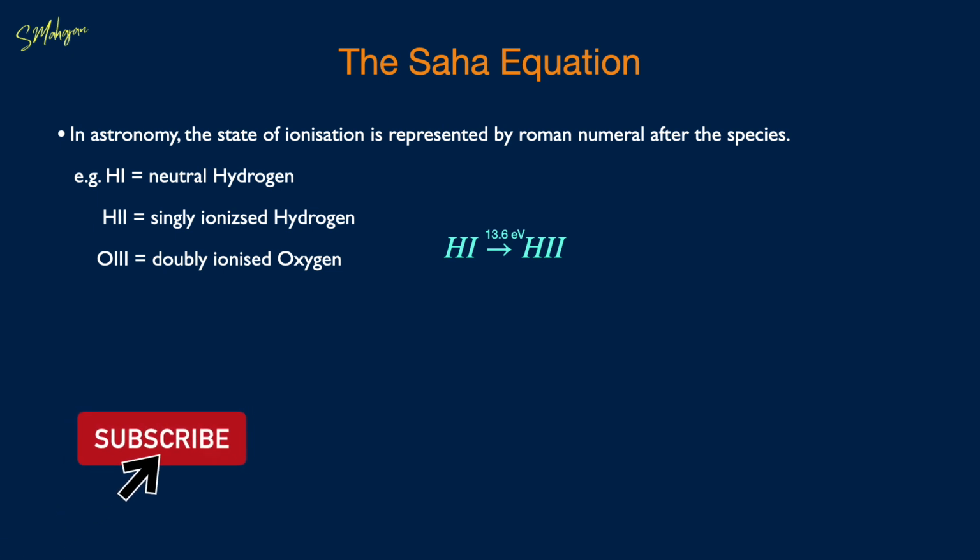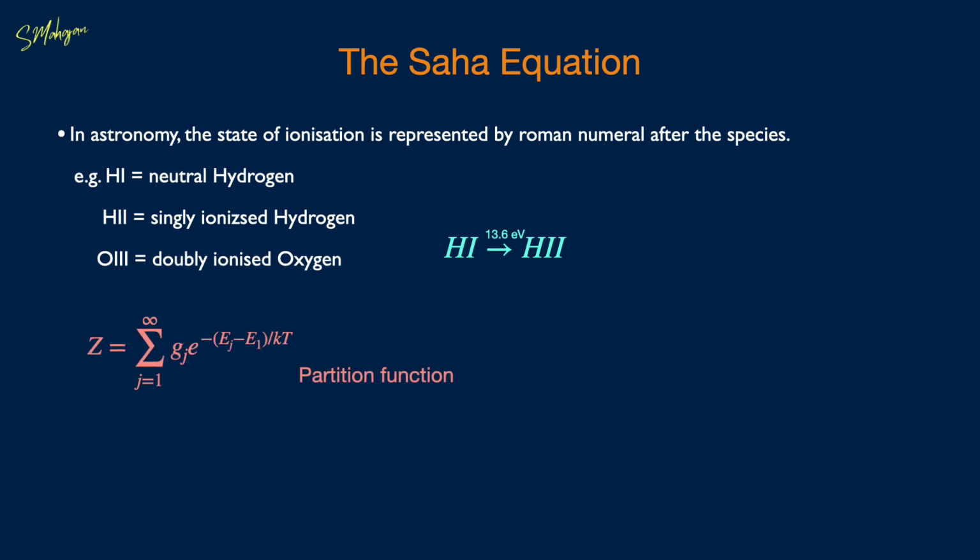But both these atoms may not be in the ground state, so an average must be taken over all the possible orbital energies to allow for the partitioning of the atom's electrons amongst its orbitals. For this, we calculate the partition function for the initial and the final atoms. The partition function is the weighted sum of the number of ways an atom can rearrange its electrons with the same energy. As expected, the higher energy orbitals will get a lower weight.